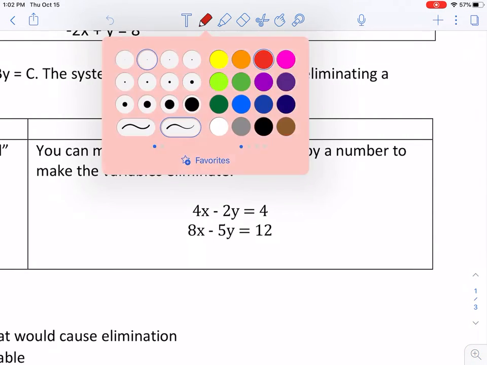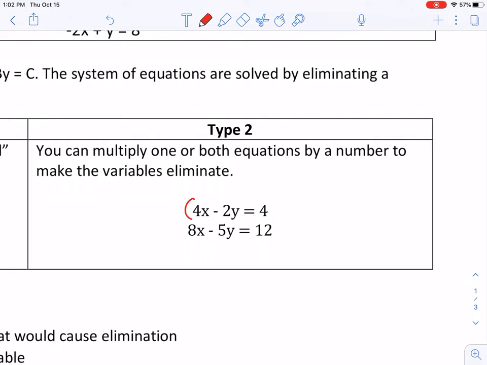However, mathematically, we are allowed to change one or both equations by whatever we want, as long as we are applying it to everything. So we can multiply whatever we want to this whole equation. I could multiply 55 to this whole equation if I wanted to.